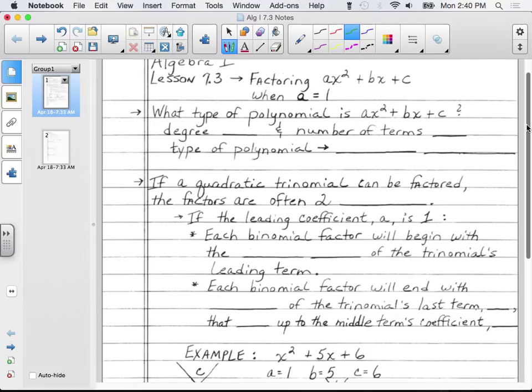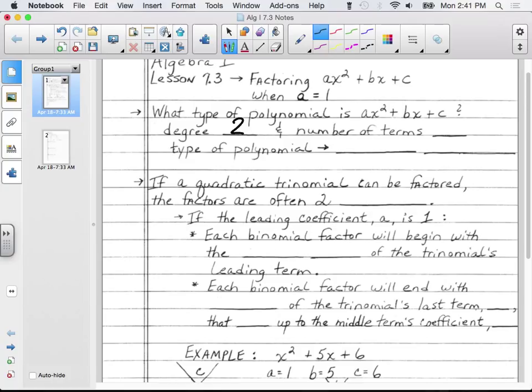Why? Because it has the highest exponent. X squared is the highest exponent that we have, so this is degree 2.